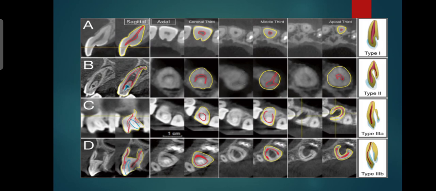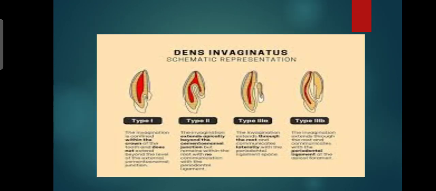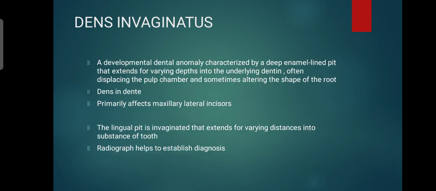These are the types of dens invaginatus. A mild form of this anomaly is relatively common, and it is characterized by the presence of an invaginated lingual pit that extends for varying distances into the substance of the tooth. The pit is formed lingually in the tooth.